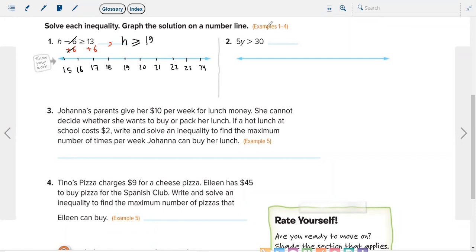This is enough. And we will make a shaded circle for 19, shaded because we have here an or equal sign. So this is a shaded circle. And we are going to take a line to the right because this is greater than. And we will shade all the part to the right of 19.